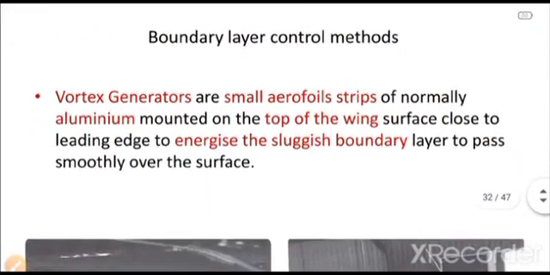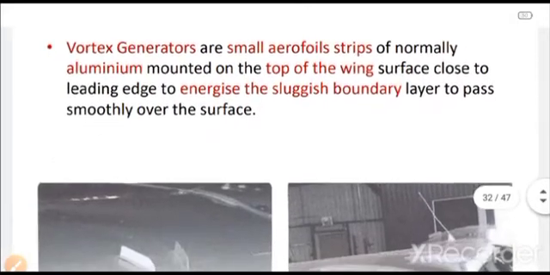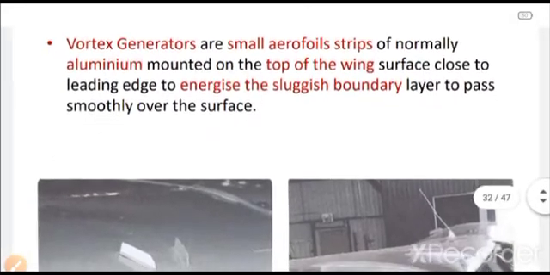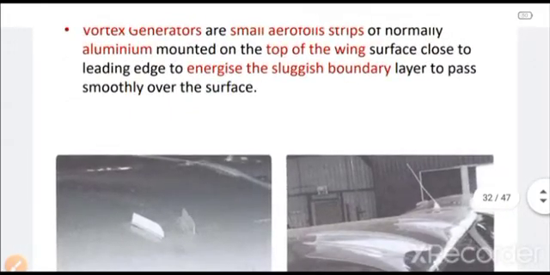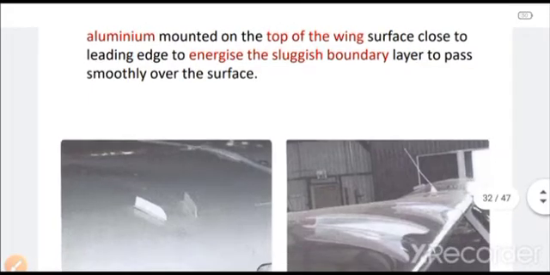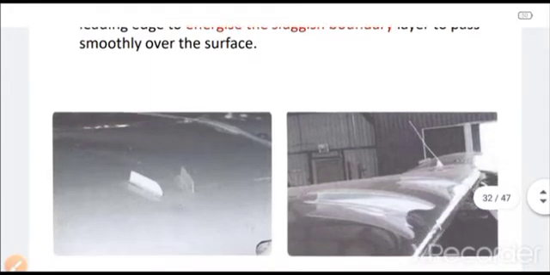So now we have the boundary layer control methods. What is the boundary layer control method? The very first thing that we have is a vortex generator and small aerofoil strips. These are small aerofoil strips, normally made of aluminium, and they are mounted on the top wing surface very close to the leading edge. That energizes the sluggish boundary layer to pass smoothly over the surface.